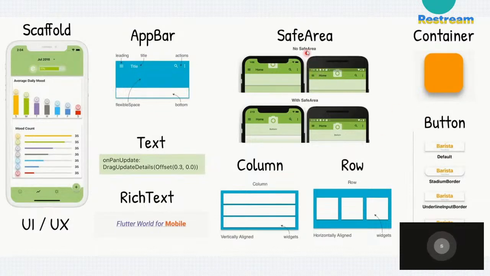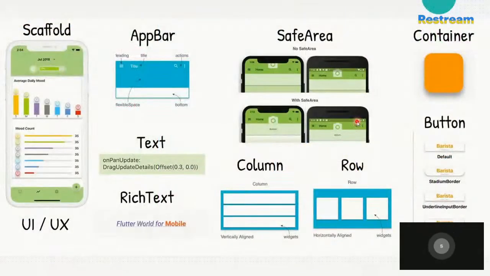Like see in this application, there isn't any safe area, so this camera isn't visible properly. In this, also the same issue. This camera is... the proper location, proper arrangement of the application.